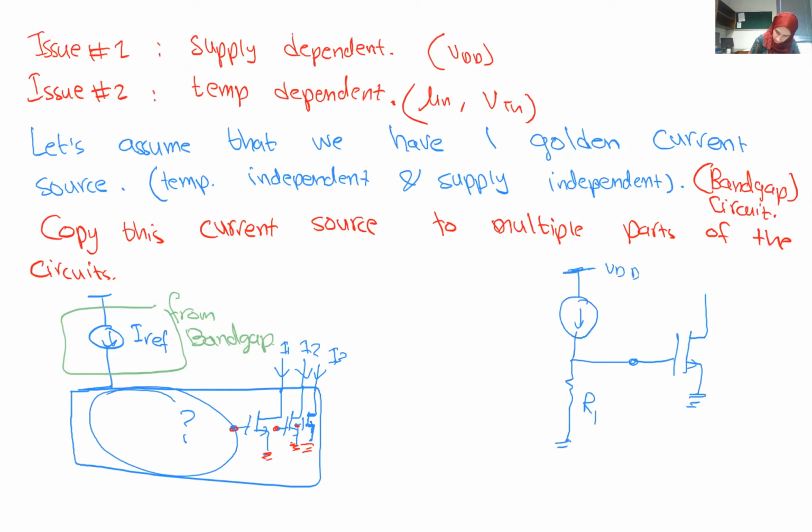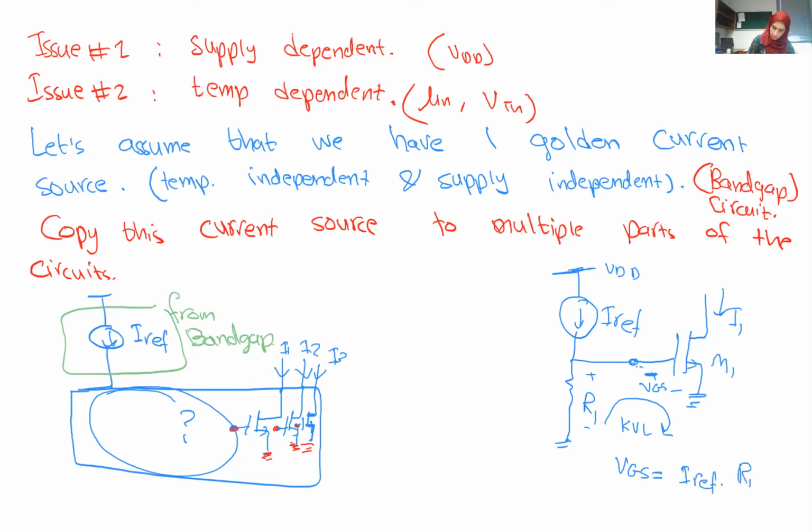So VDD, IRF, and this is I1 here. Okay, so I am setting a certain voltage on the VGS of this transistor. So the VGS here will equal the voltage drop. Make a KVL in this loop, and we'll see that the VGS of this transistor equals IRF times R1.